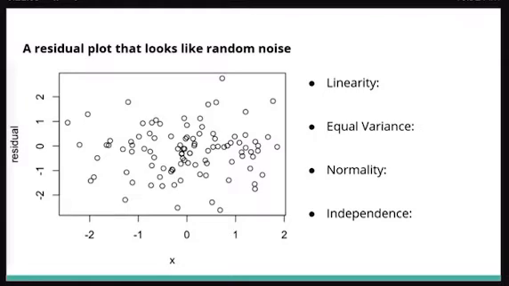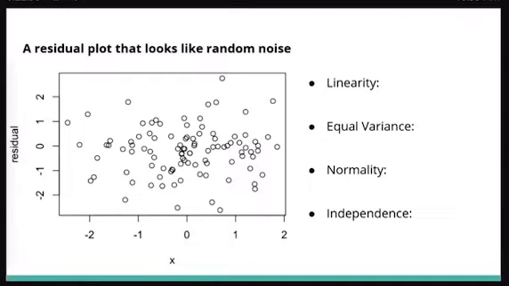What can we use a residual plot to investigate out of that? I want to tell you now: residual plots can only be used to investigate the assumptions of linearity and constant variance. I need you to take notes. We can only use a residual plot to investigate linearity and equal variance.